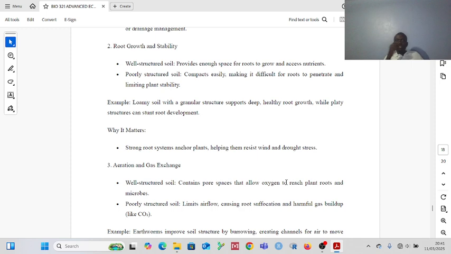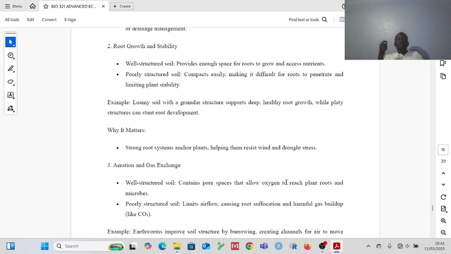Root growth and stability. If you have soil that is well structured, it will have enough space for roots to grow. And as the roots grow through the space provided by the well-structured soil, the roots can access nutrients so that the plants benefit.